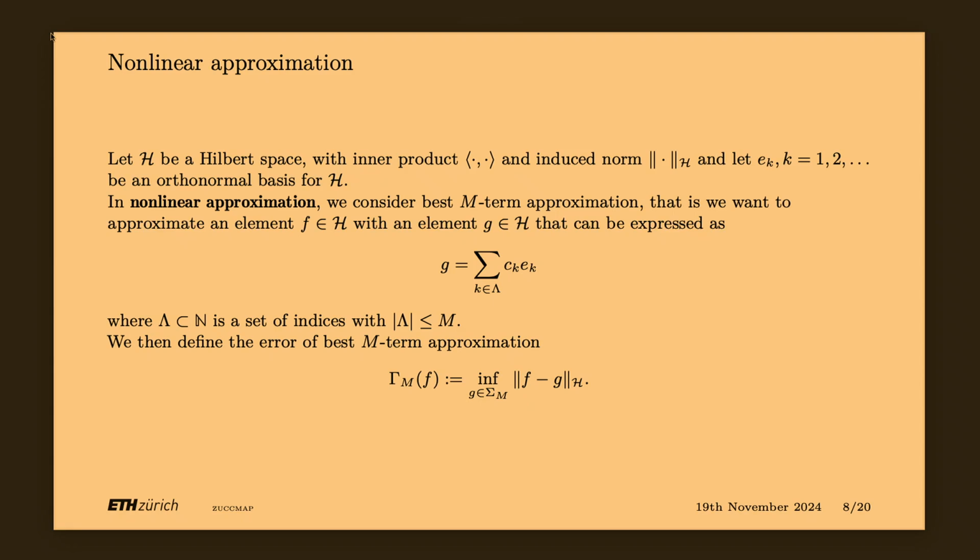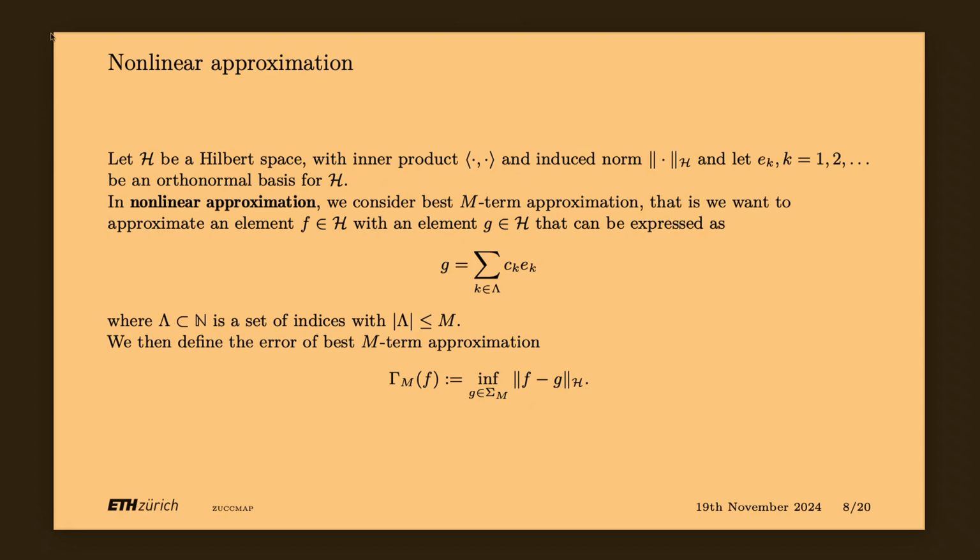Now what you want to do is take elements in this space and approximate them with just m terms, so with linear combinations of m elements, where m is much smaller. Imagine that you have a space of dimension 1 million, and you want to find an approximation with 10 elements, a very small approximation of your elements.